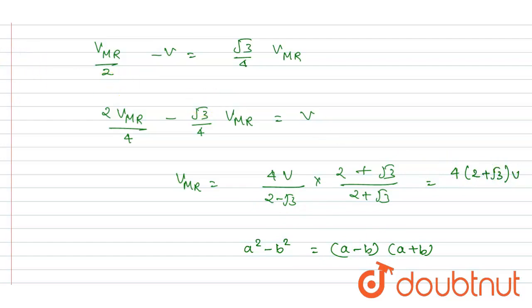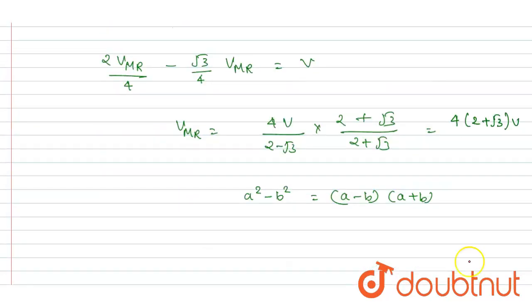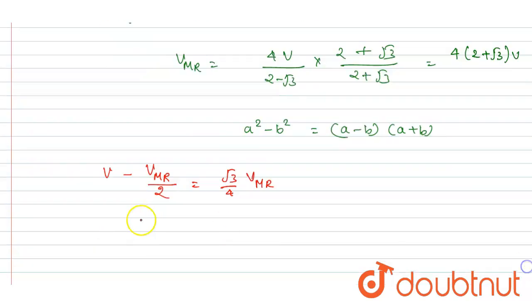And in another case, we will take this term negative. So we are assuming that this is negative. Then again, if I solve it, I will write V minus VMR by 2 is equal to root 3 by 4 VMR. Right. In that case, I will write V is equal to 2 plus root 3 by 4 VMR.